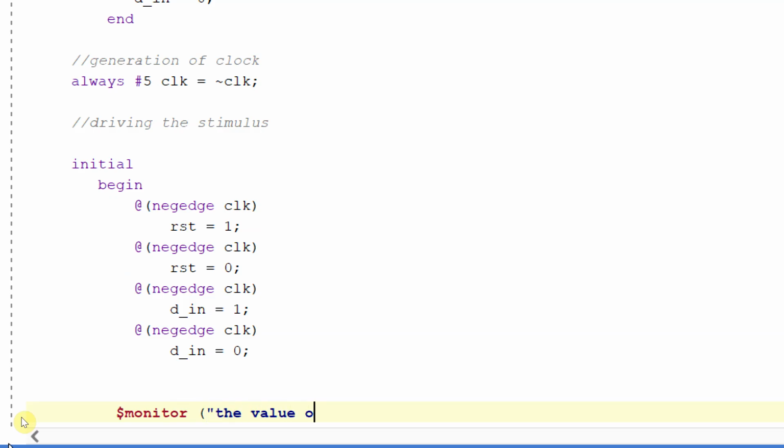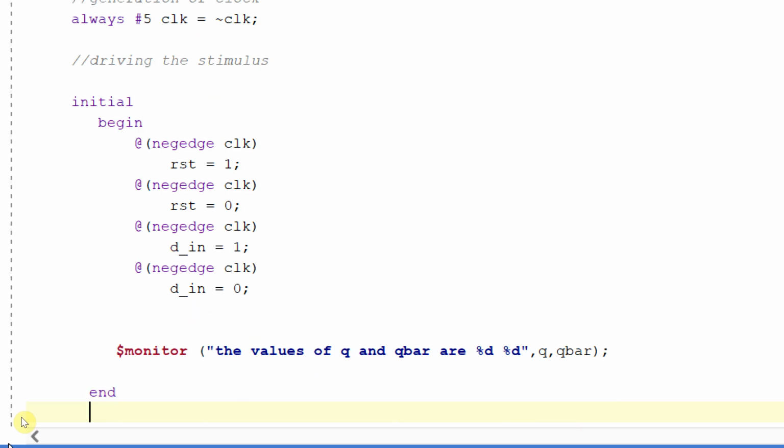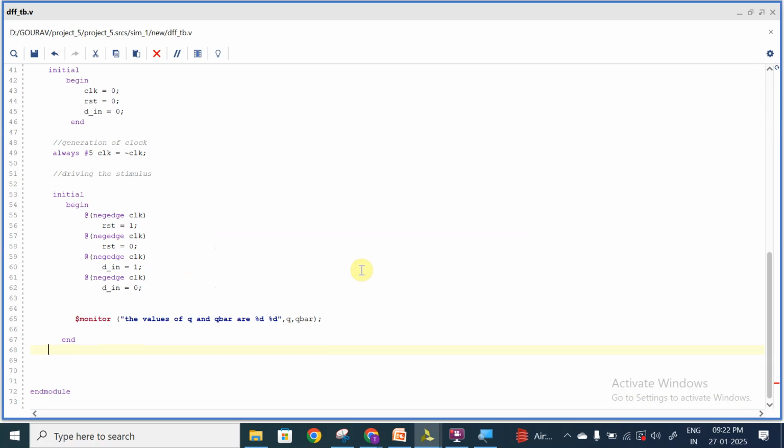The values of Q and Q bar are printed with percentage d, comma, Q bar. This is how I am monitoring them. And end module, I think it is already written. Yes.